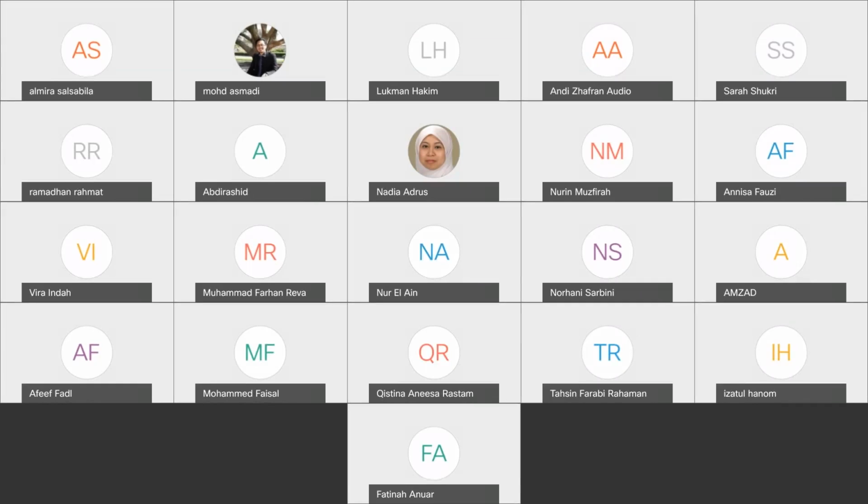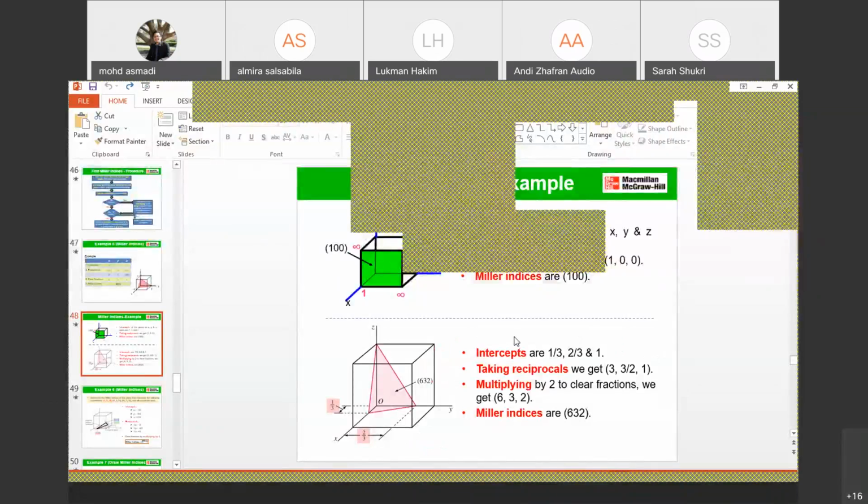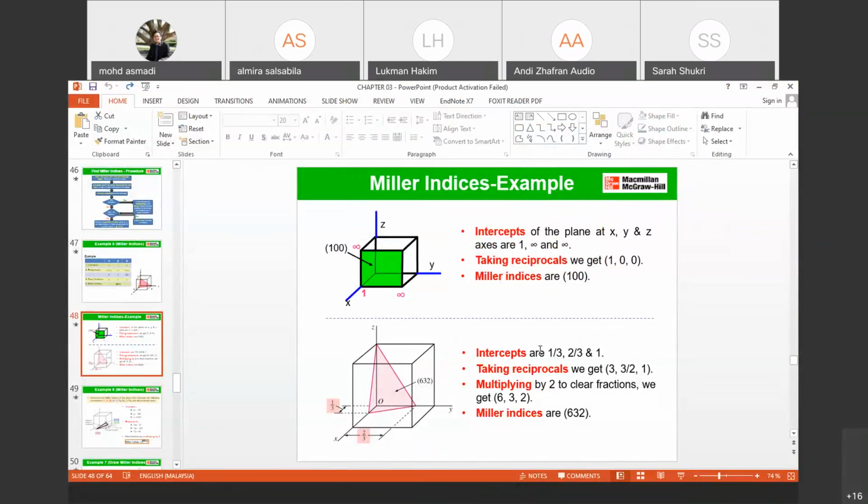So this one is given the intercept: 1 divided by 3, 2 divided by 3, and 1. You want to get the indices. But the question we did just now is given the indices, and you have to draw the plane. So it is like backward, not opposite. The step is backward.